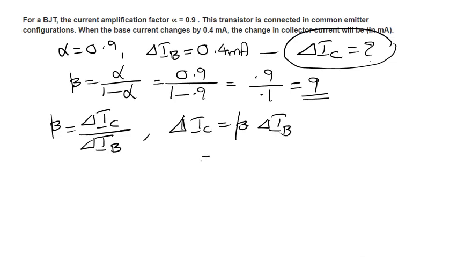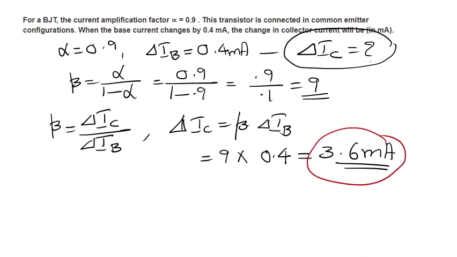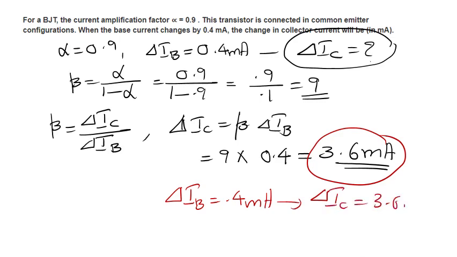Beta is 9 and delta IB is 0.4, so multiplying gives 3.6 milliampere. So for a change delta IB of 0.4 milliampere, the change in the collector current is 3.6 milliampere.